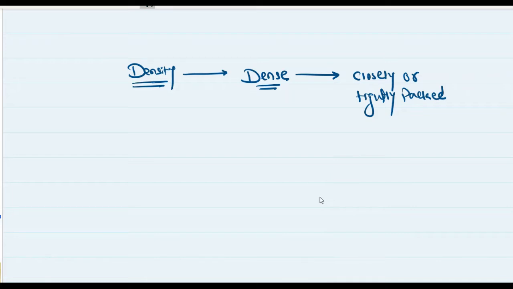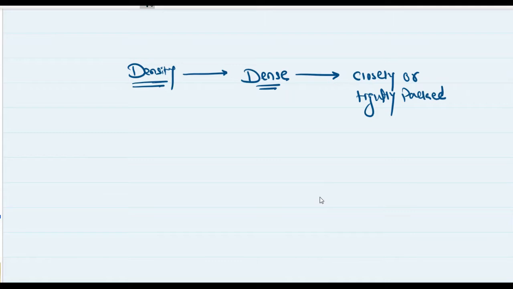So now you have a visual idea about what dense means. I'll give you more relevant examples. The Mumbai local trains are densely packed in the rush hours, right? In the rush hours, Mumbai local trains are densely packed with people.